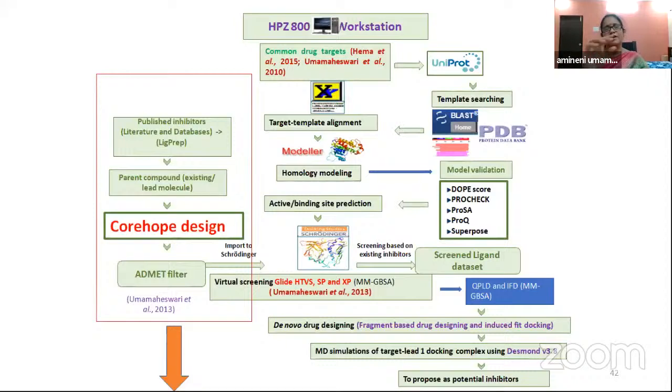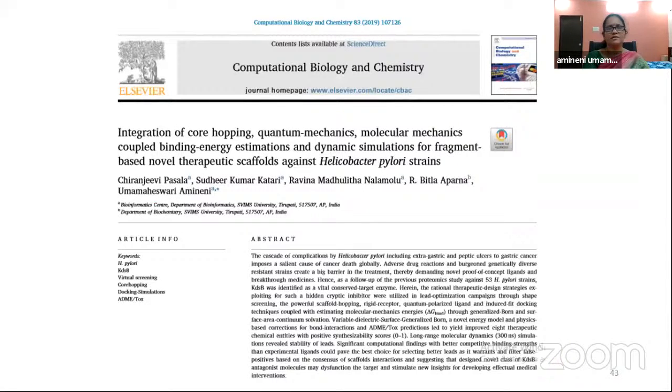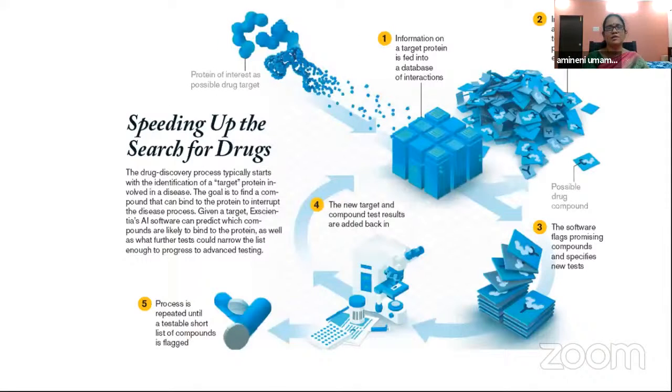By adding these fragments, if it follows Lipinski's rule, ADME properties and synthetic accessibility of the compound, then we will propose this as a lead molecule, a novel molecule. Again, we check in the gene database and the chemical databases. If it is not available in those, our compound is a novel molecule. This work is published in Computational Biology and Chemistry.